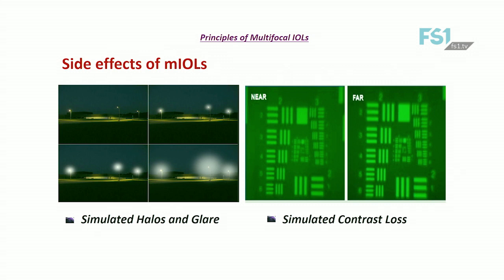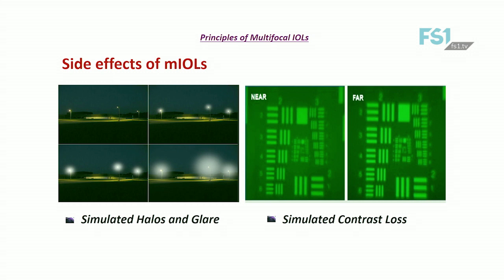So these are the side effects of multifocal IOLs. Sometimes patients experience a not really nice experience after surgery, which can be simulated: halos and glare, or simulated contrast loss. As we can see here on this photo, an evening photo on the road with lights, this is how the patient can actually see the lights.